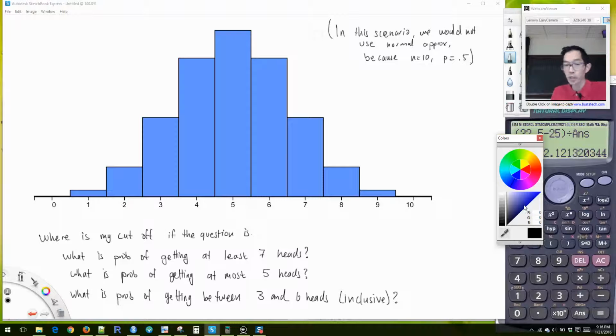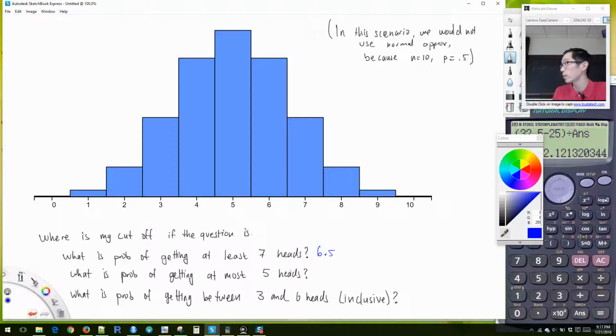If I wanted to ask what is the probability of getting at least 7 heads, where would my cutoff be? I want to include 7, 8, 9, and 10, so I want to include the bar for 7. That means my cutoff should be 6.5, and shade to the right. What is the probability of getting at most 5 heads?